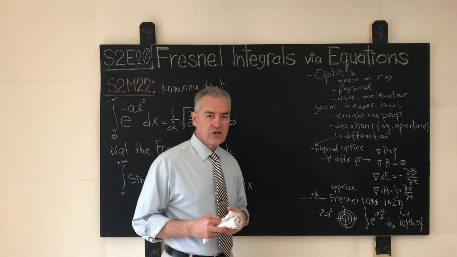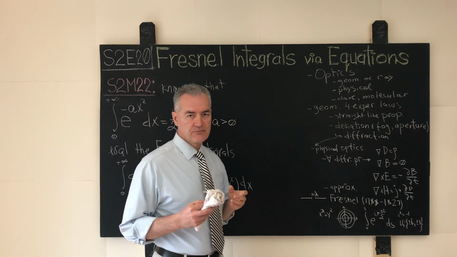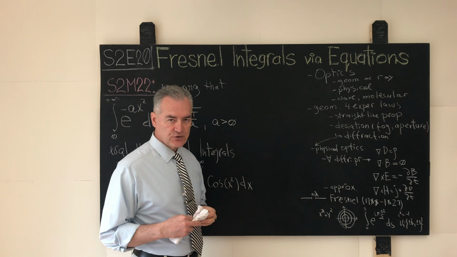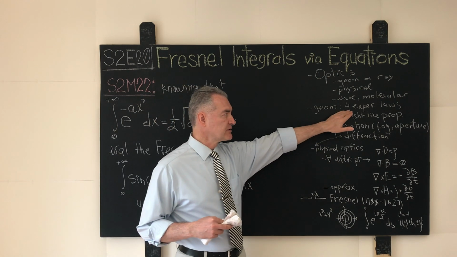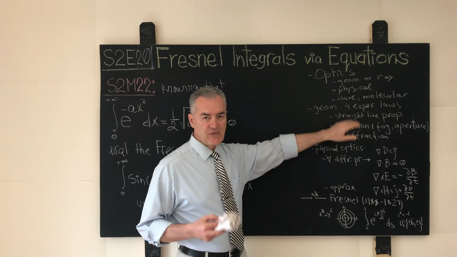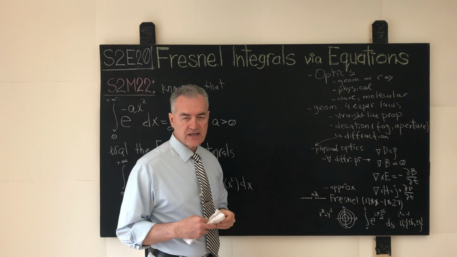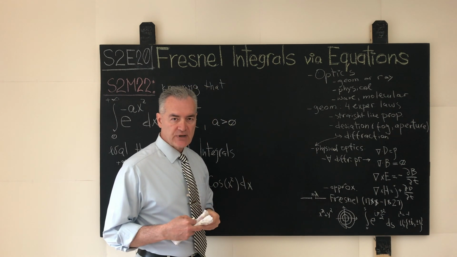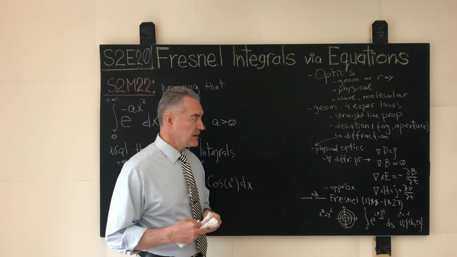For example, the geometrical or ray optics is built on top of 4 experimentally discovered laws. One of such laws claims that light propagates over a straight line.